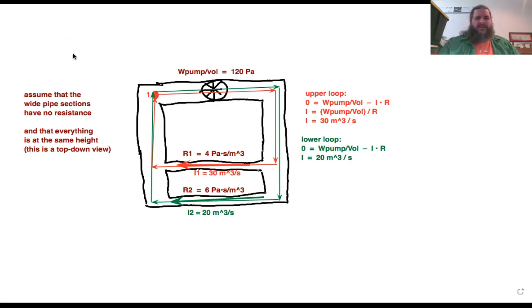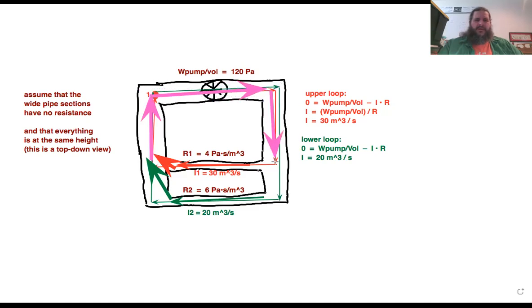However, if we take a look at those pipes coming together, if we have 20 cubic meters per second flowing this way, and also 30 cubic meters per second flowing this way, what happens to those currents at the junction here? They add together? Yeah, those are going to add together, and we're going to get how much current flowing through the pump itself?